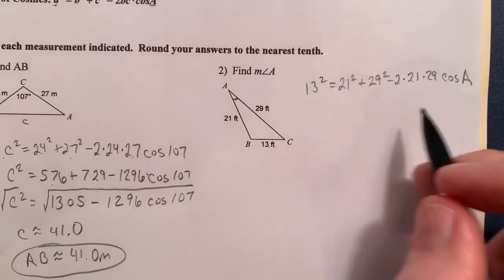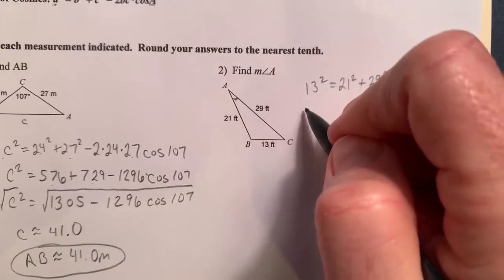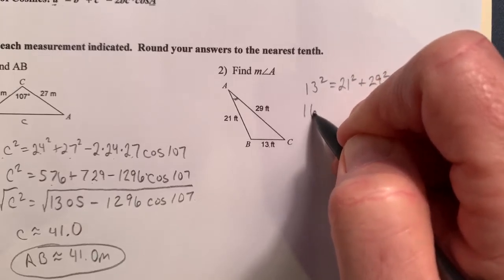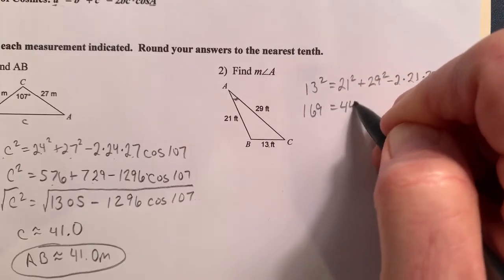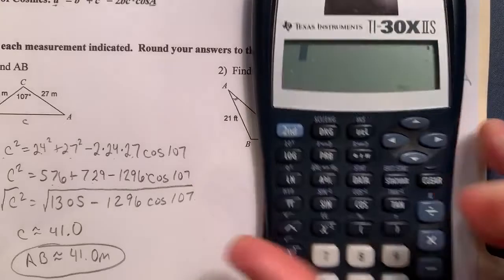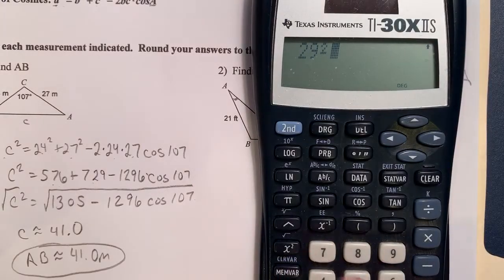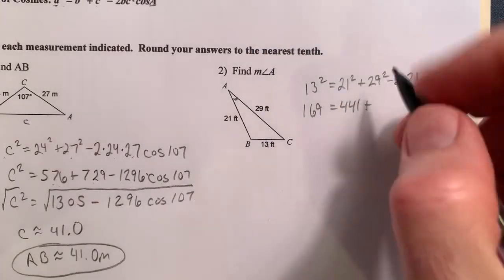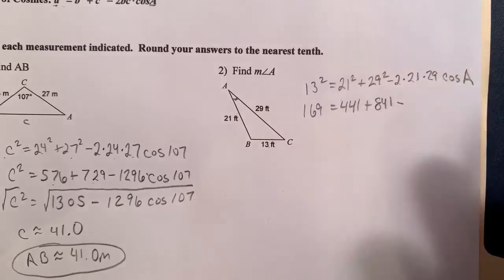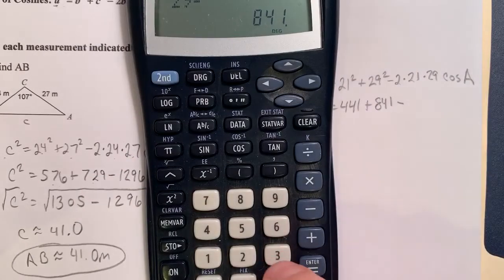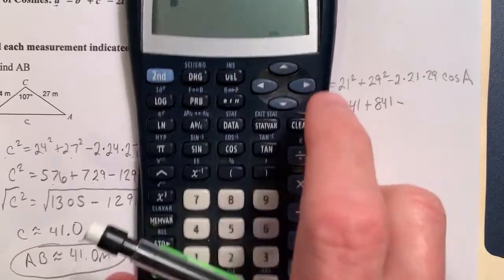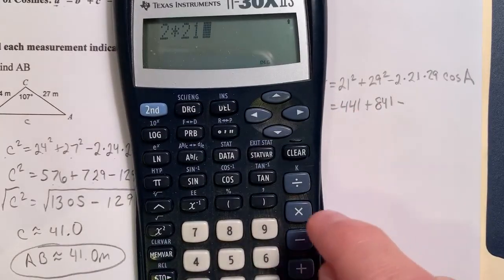Okay. Now this is a bunch of arithmetic. Clean it up. So this is 169 equals 441 plus, I don't know what 29 squared is. 29 squared, 841 minus, multiply this stuff. So 2 times 21 times 29.